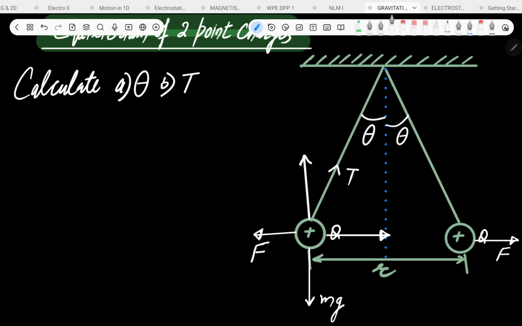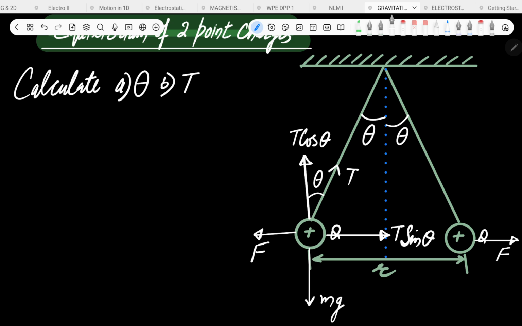Now, if this angle is theta, what about this angle? This is also equal to theta, simply because they are alternate angles. So this component will be T cos theta, and this component will be T sin theta.